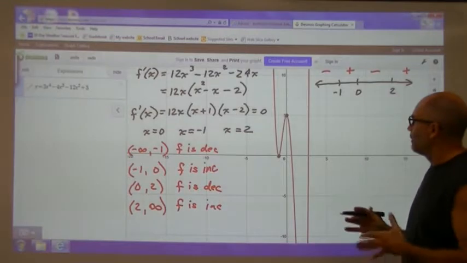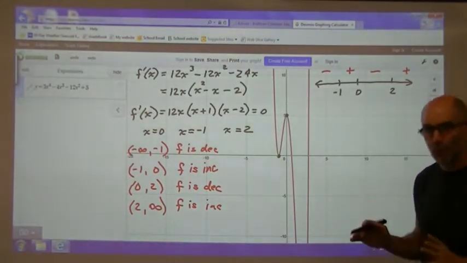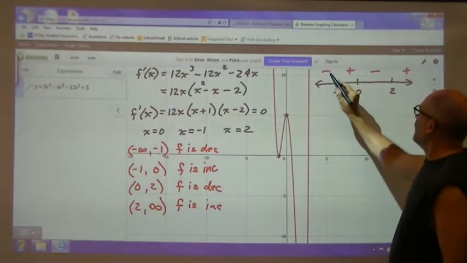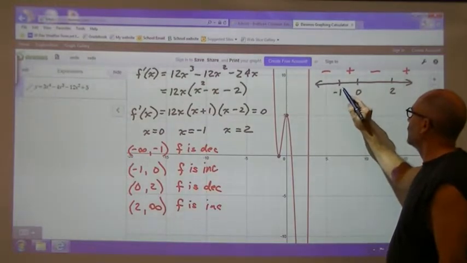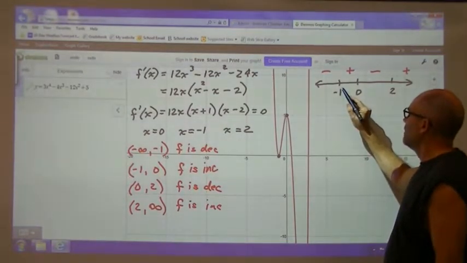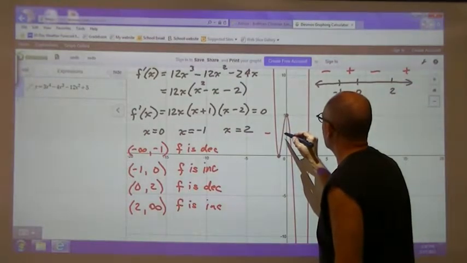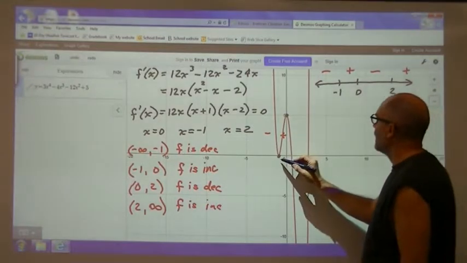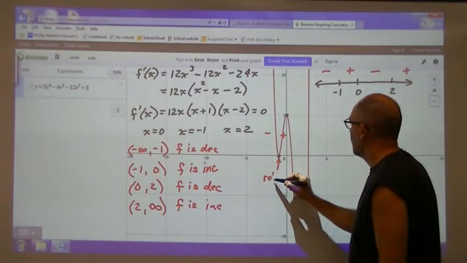All right, now let's look at our first derivative test. First derivative test says that the derivative goes from negative to positive at x equals negative 1. What does that mean? If it's going from a negative slope to a positive slope, then right here we have a relative min.